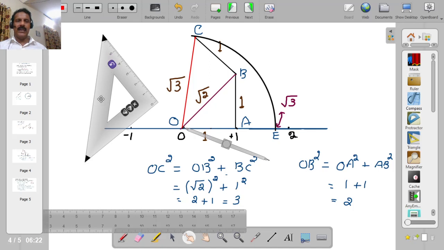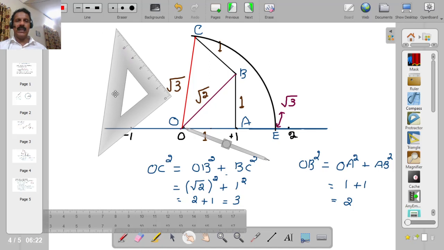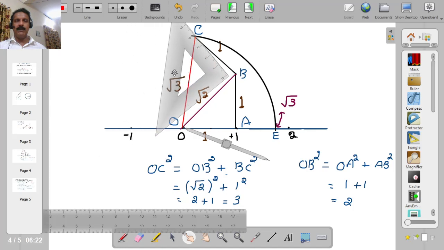So we are going to draw a line perpendicular to the line segment OB at point B. We will be drawing a line segment perpendicular to OB and having length equal to 1 unit.